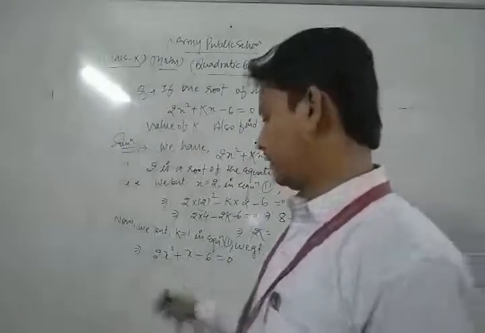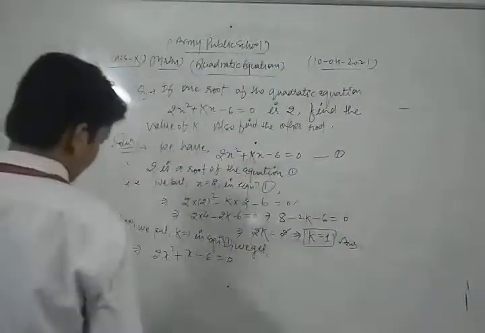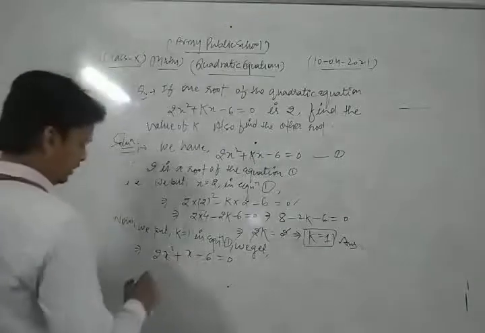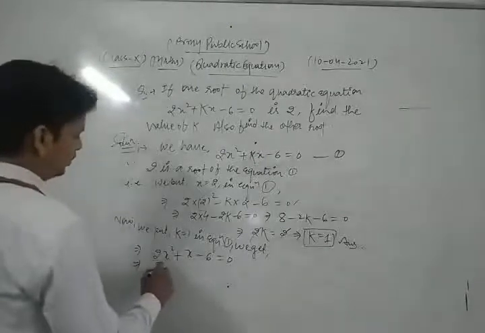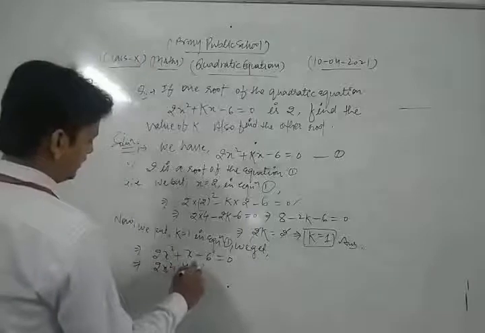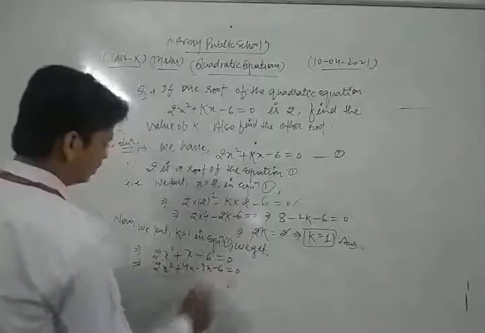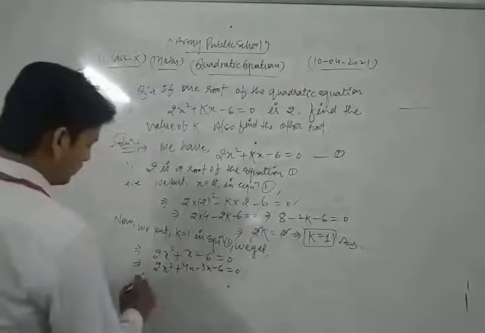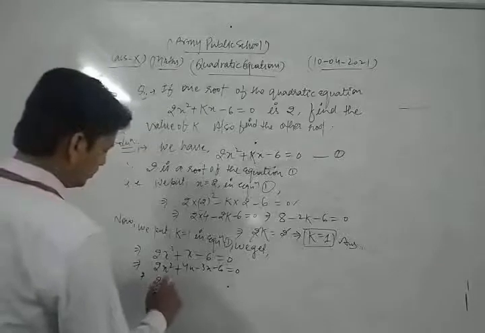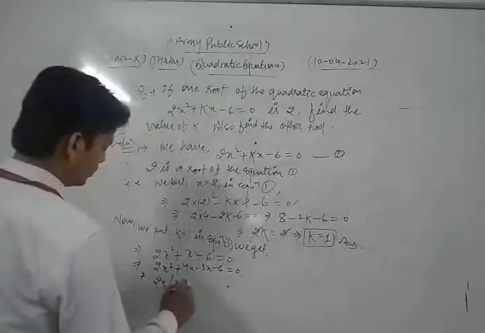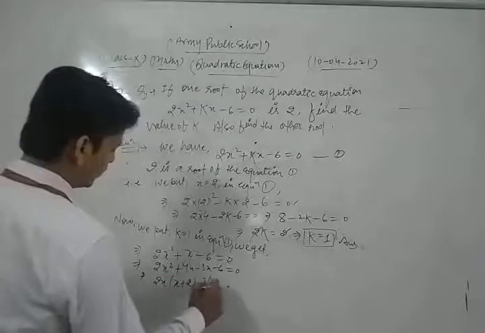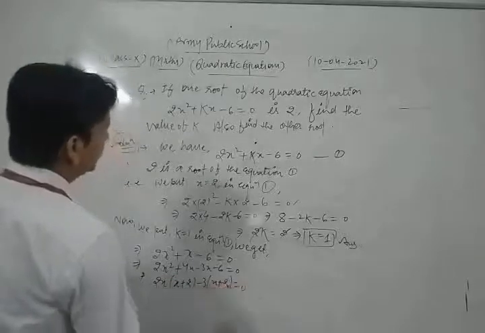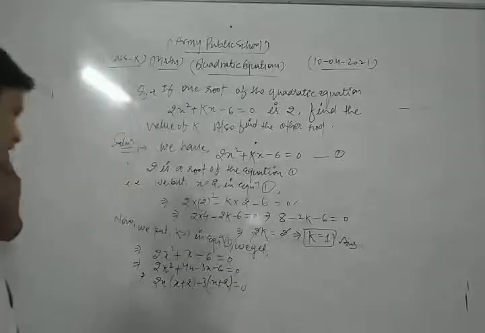Now we simplify it and find the other root. Let's see. We split the middle term: 2x square plus 4x minus 3x minus 6 is equal to 0. Now we make pairs, so 2x is common from the first pair, so x plus 2 is left, and here minus 3 is common, so x plus 2 is left.